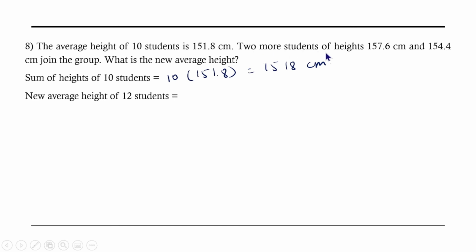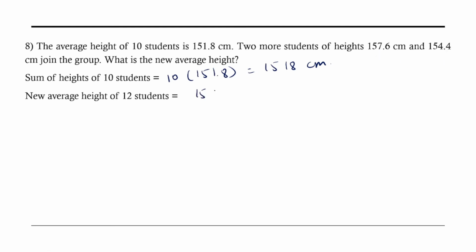Now two more students of heights 157.6 and 154.4 centimeter join the group. So the new average height of 12 students will be the sum of the heights of 10 students plus these two heights upon 12.